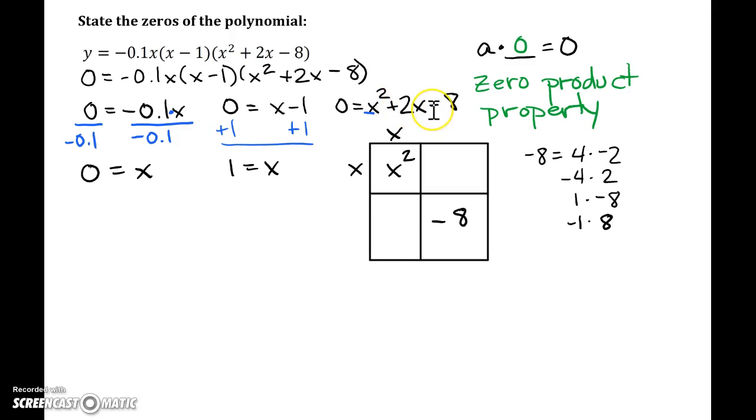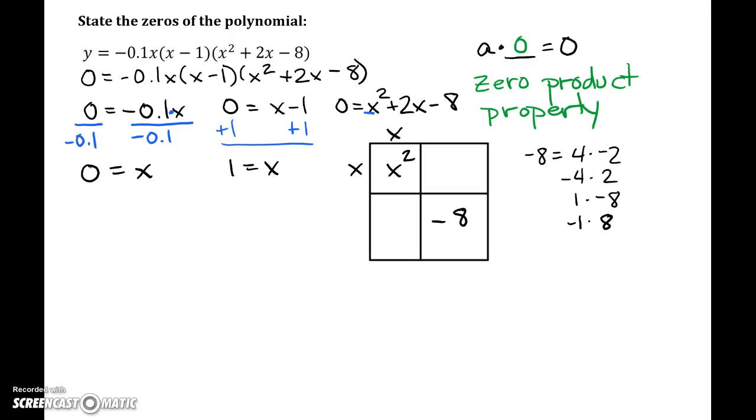The reason to be careful about using that shortcut is because it doesn't always work. Whenever we have a coefficient out in front of the x squared, we can't use that shortcut. So let's go through and check which of these options is going to give us the correct middle term, which in this case is 2x.